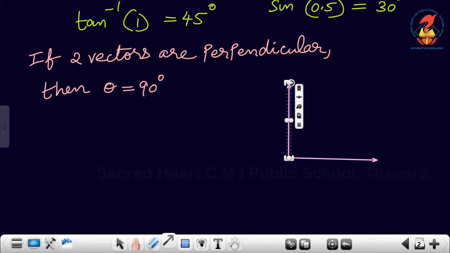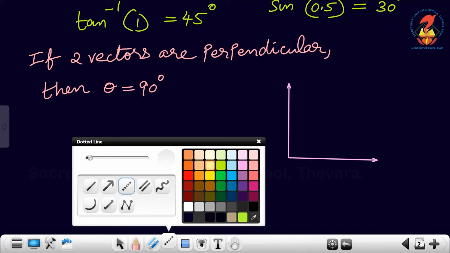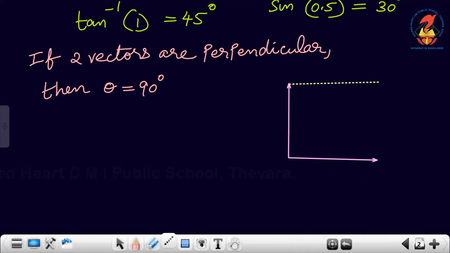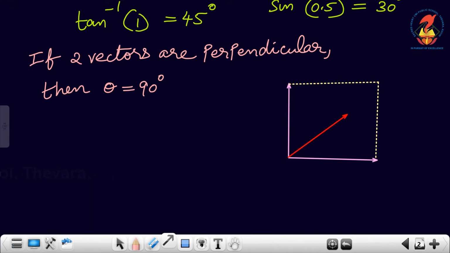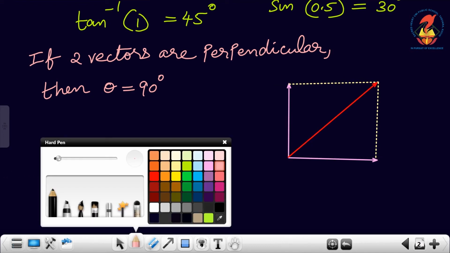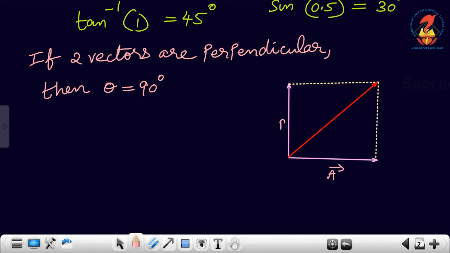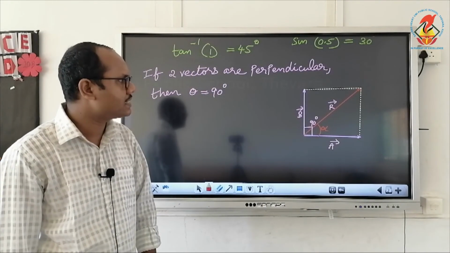So two vectors will be like this, and if I put the dotted lines to make the parallelogram, it will come like this, and the diagonal will give the resultant. So this is how the figure looks like. This is vector A, this is vector B, and this is the resultant vector. This angle is 90 degree, and the angle between first vector and the resultant vector, this angle is alpha. Okay, this will be the figure if two vectors are perpendicular.